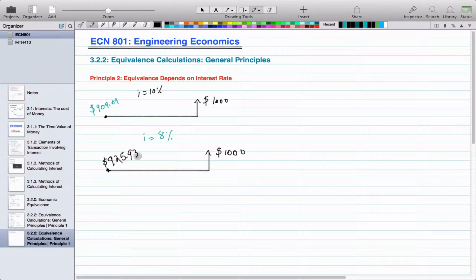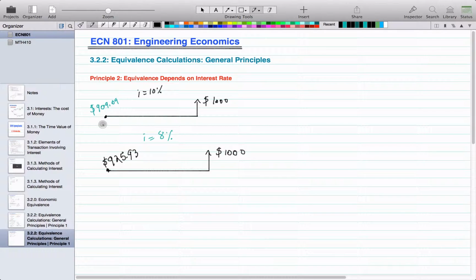So you see these two values over here, this one and this one, are equivalent at 10%.